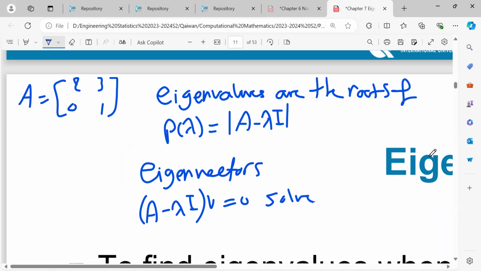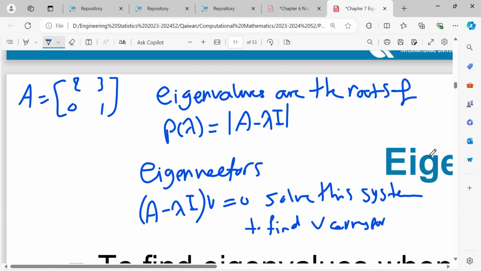Solve this system to find V corresponding to lambda. For each lambda, we could find a V. Okay? This is a system. Let's solve this example.